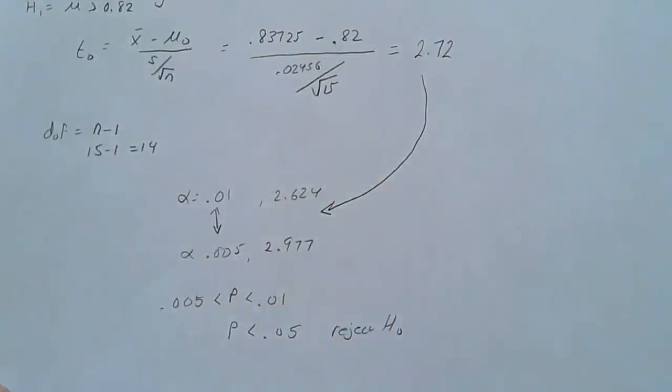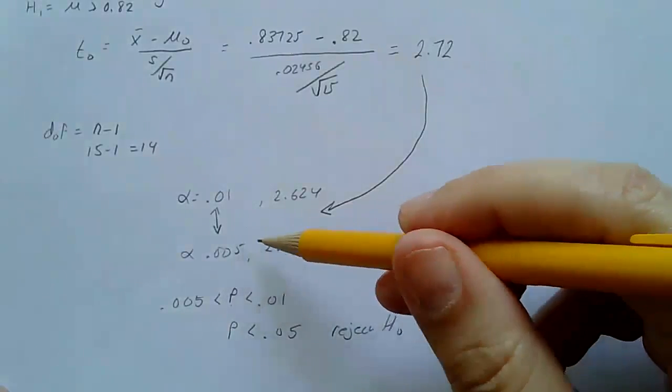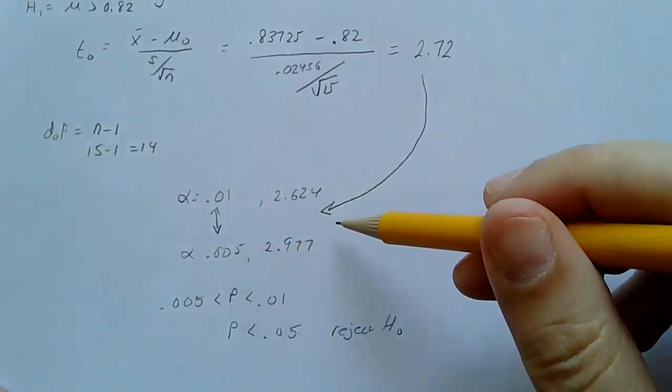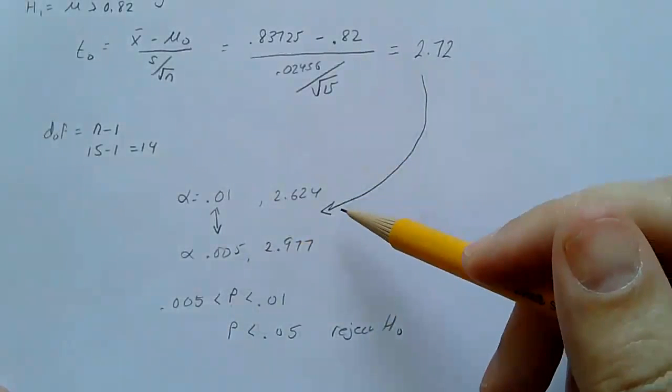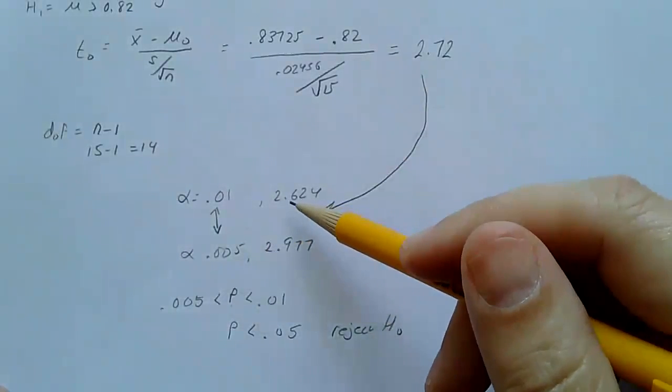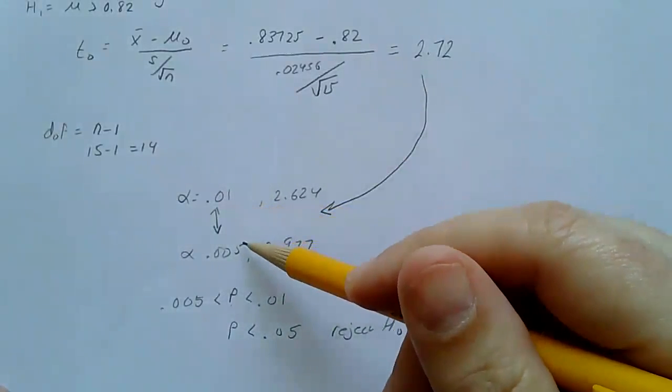In this case, our p-value falls somewhere between these two levels. The t-table, the PDF I gave you and the one in the textbook, is much less specific. When we start using Minitab, it will tell you exactly what your p-value is for any t-test statistic. But here, the book only gives us specific alpha levels.